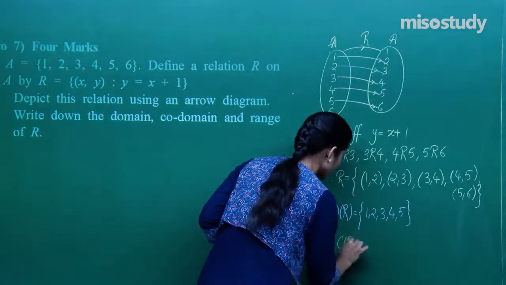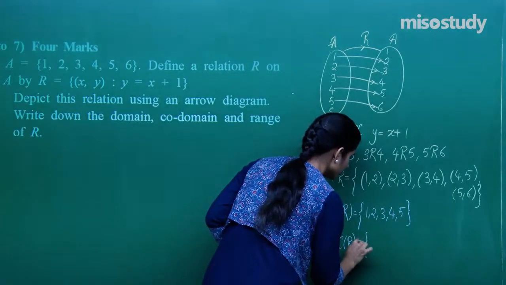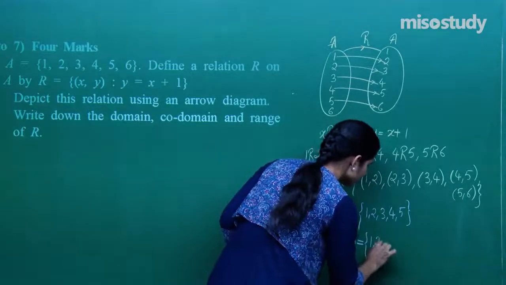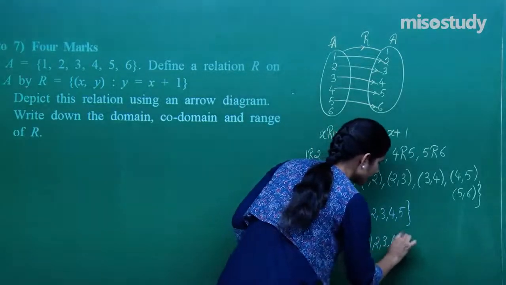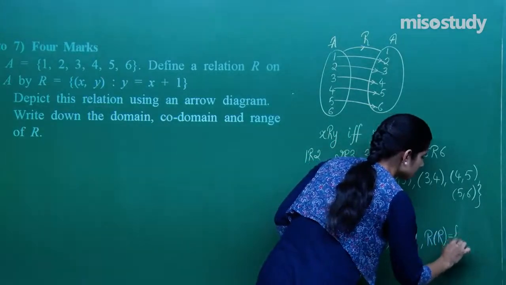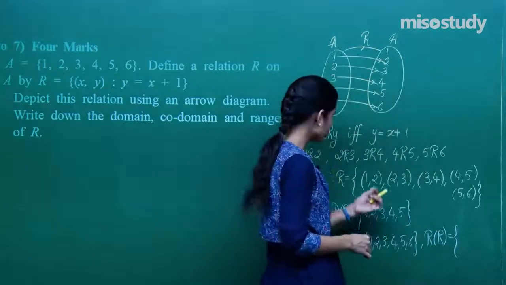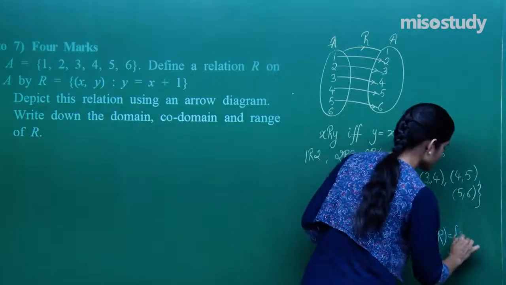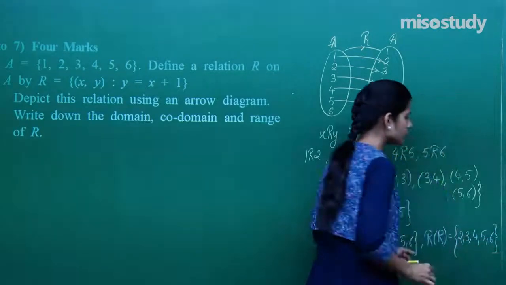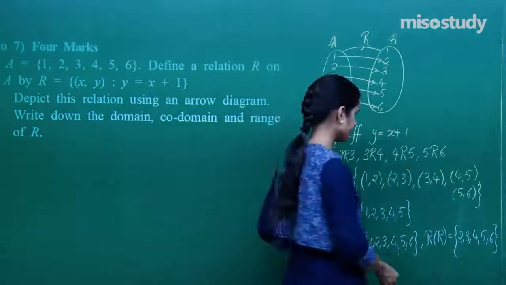And codomain of R is completely this set 1, 2, 3, 4, 5, 6, and range of R is all the second components which is 2, 3, 4, 5, 6. Range is strictly contained in the codomain.